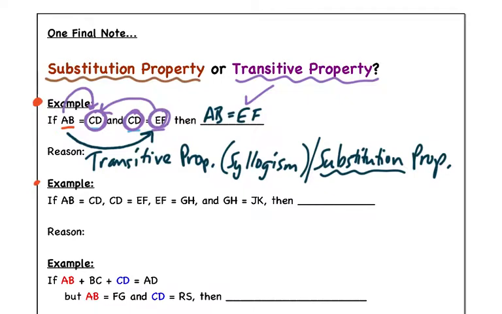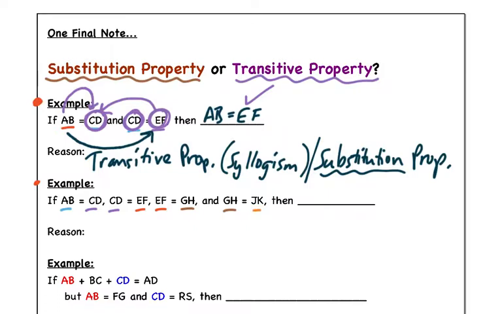How about this example? How about if AB equals CD and CD equals EF, keep going, if EF equals GH and then GH equals JK, what can you say?